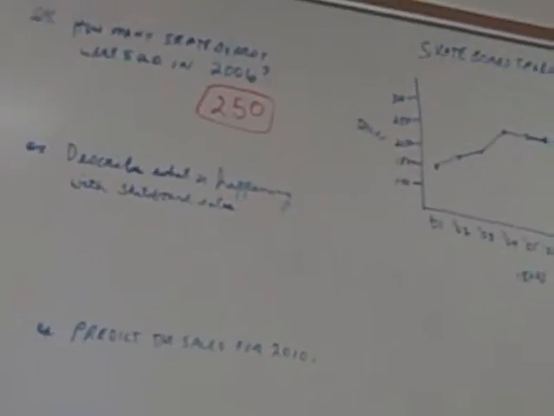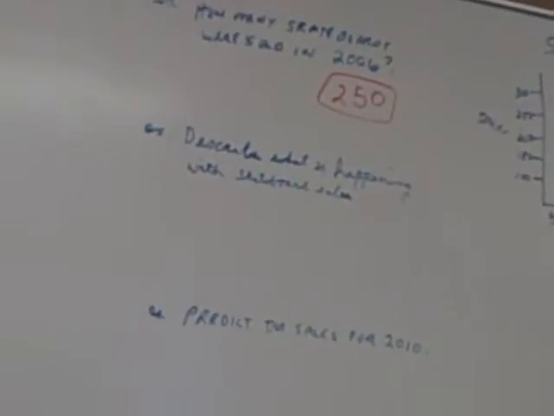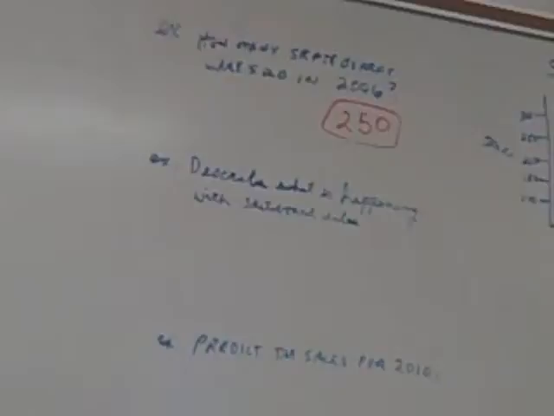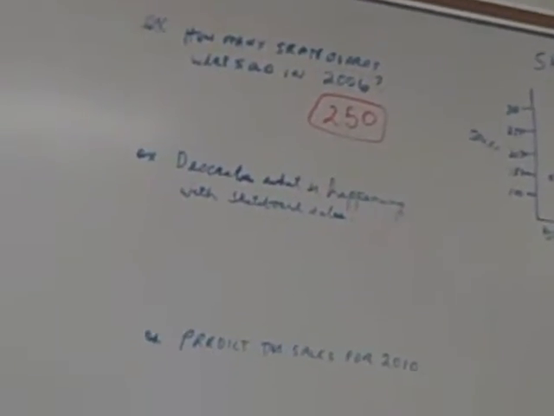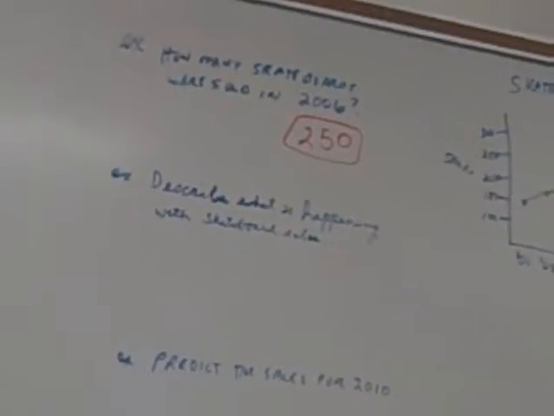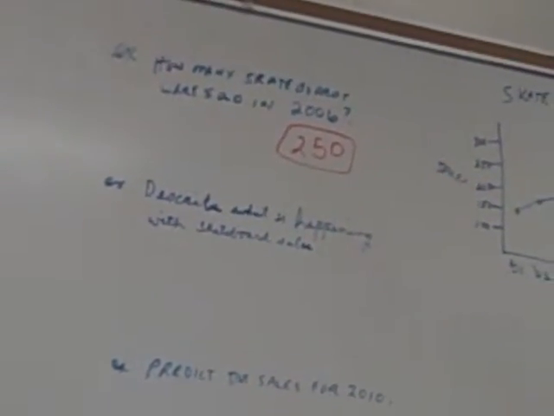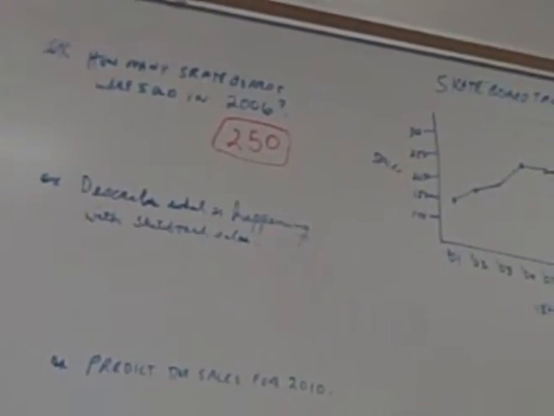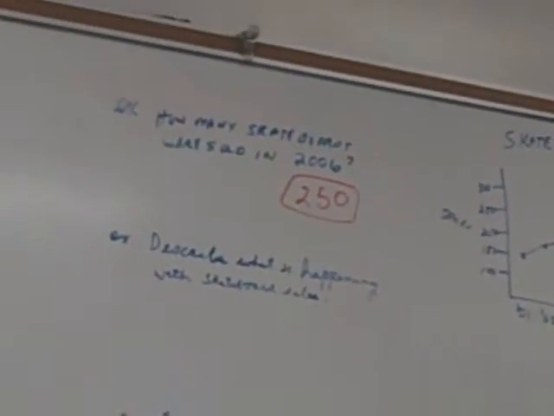Second example. What does it say? Describe what is happening with the skateboard sales. Now, folks, is this a cut and dried answer? A number, in other words? Nope. When you see the word describe, what does it throw you into?